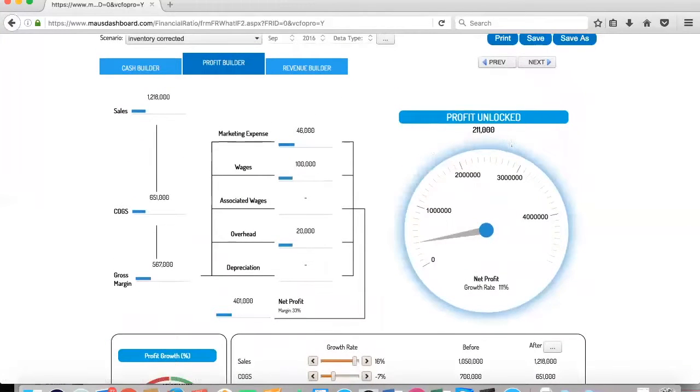Now, that left us with 211,000 more in profit. And as we know, profit will eventually become cash if we manage it correctly.